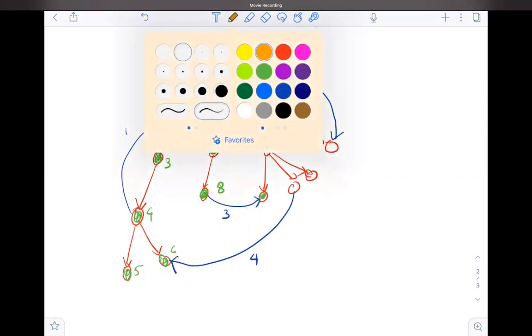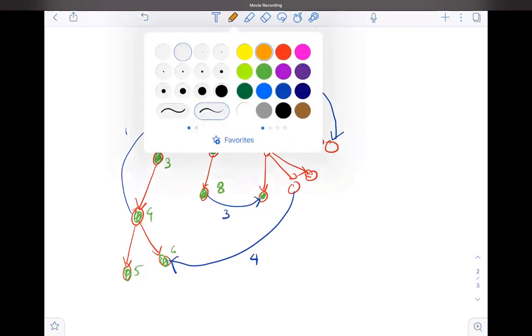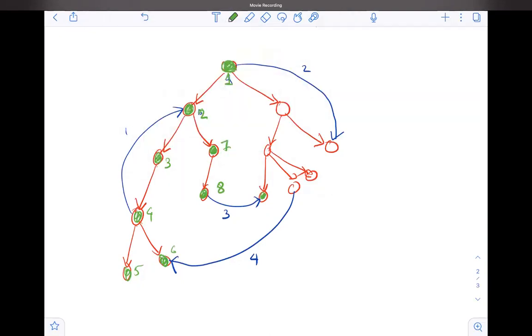Sir, can you please explain why 4 is also not wrong? Okay, 4 is not wrong because it's a directed path, right? When I'm at 6, this one is not a neighbor of 4. Sorry, this one is not a neighbor of this. So can you number it? I think that will be better. Yeah, maybe.